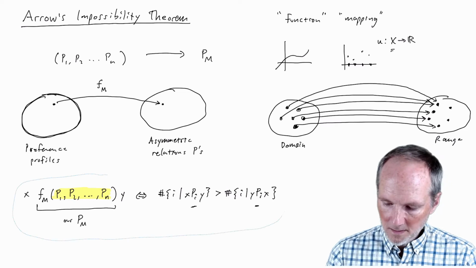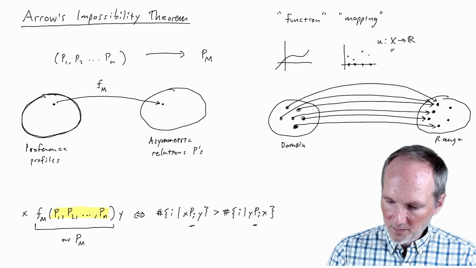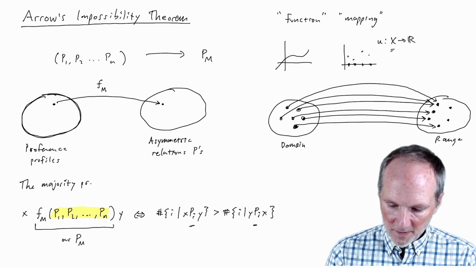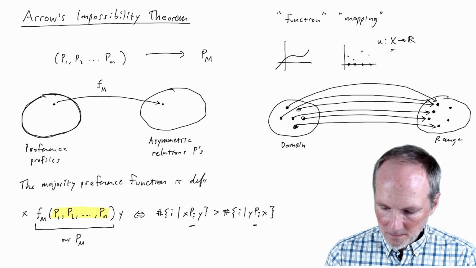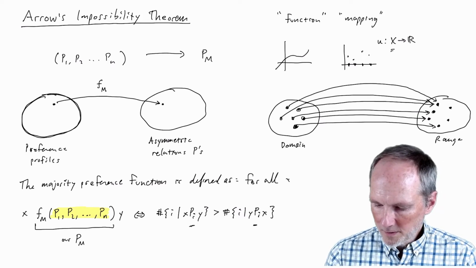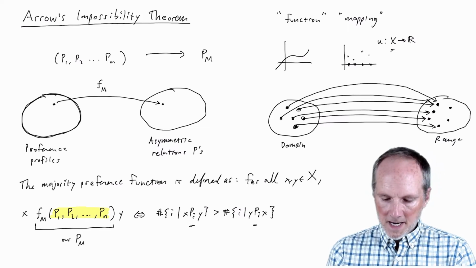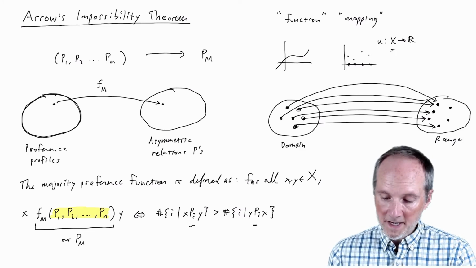In fact, let me just make that definite here. The majority preference function is defined as follows: for any two alternatives x and y, x beats y if and only if more people prefer x than prefer y.